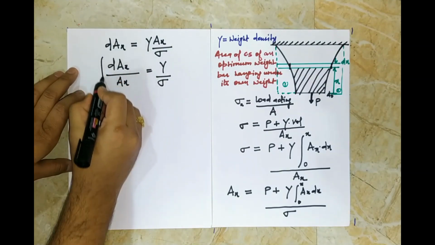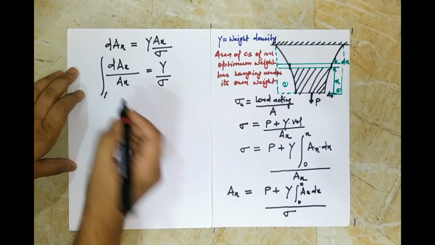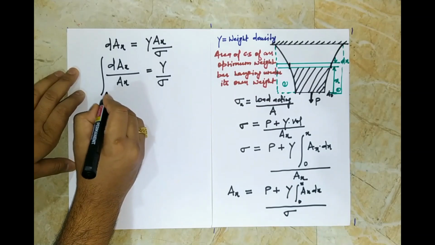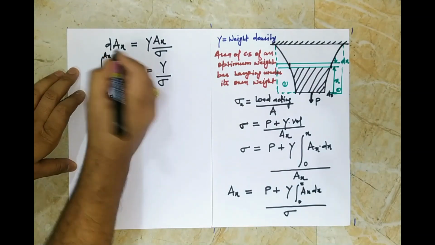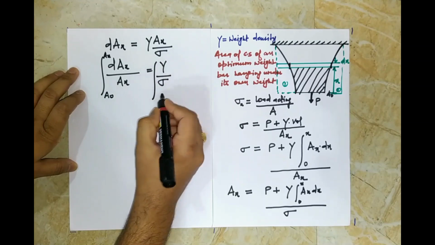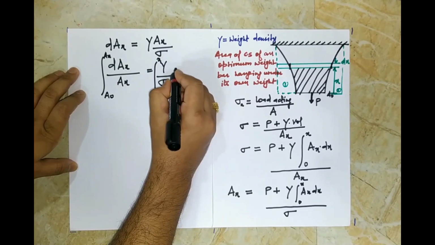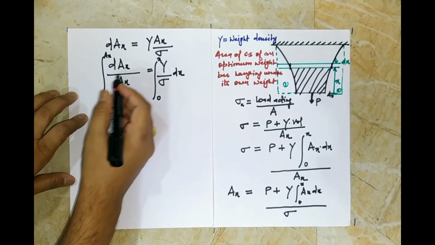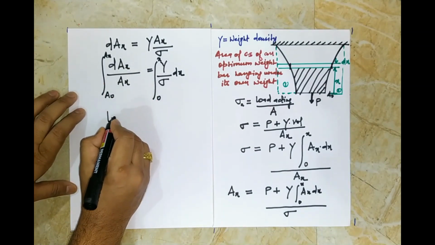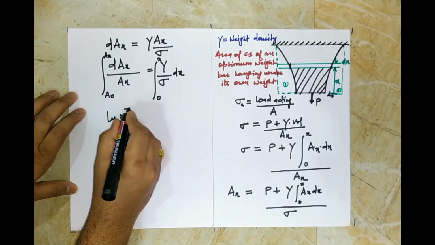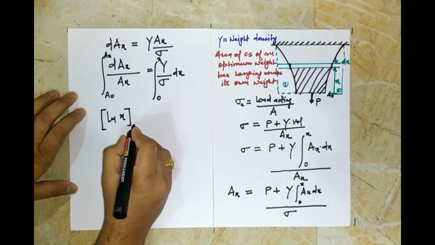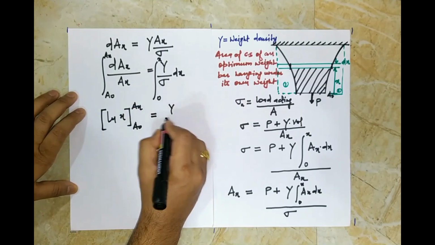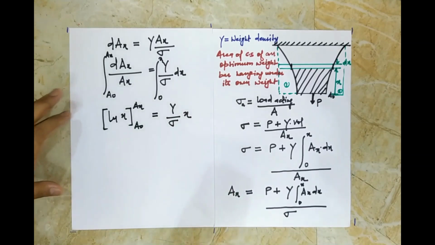This will be integrated from A naught to Ax, and on the other side from 0 to x of dx. The integration of dAx by Ax is equal to ln, log base e, from A naught to Ax, which is equal to gamma by sigma into x.